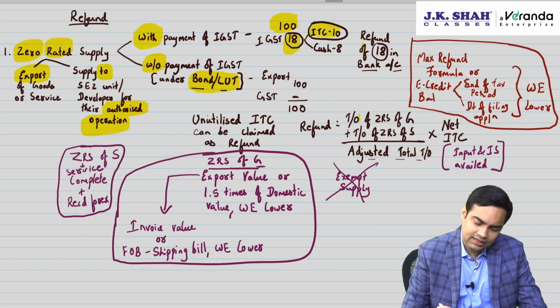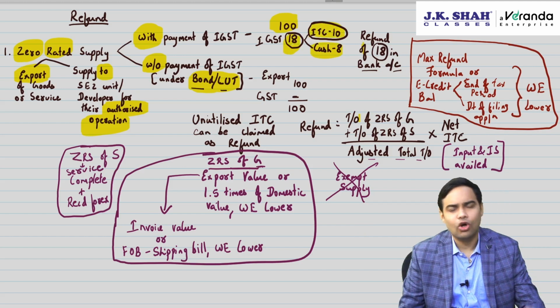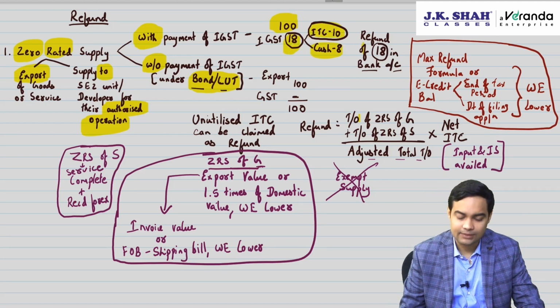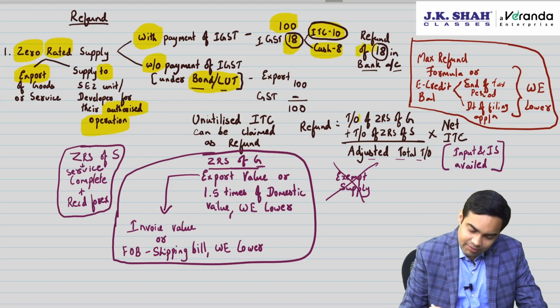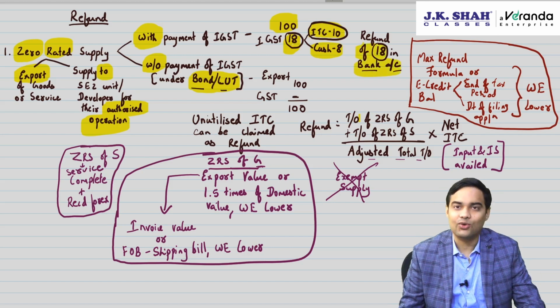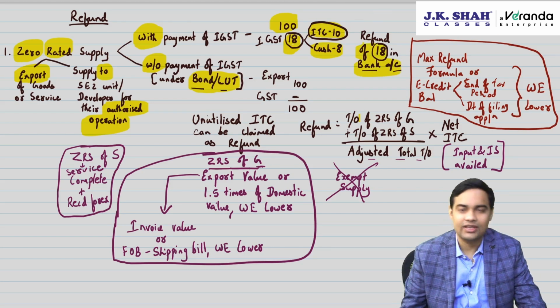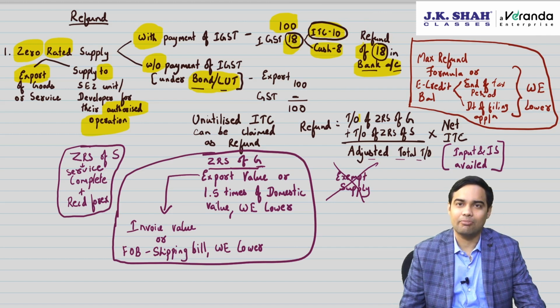Maybe you have ITC of 10 rupees and the balance you will pay through eCash ledger, or if you have ITC of 18 rupees, you can use that ITC as well. Then government will give you a refund of 18 rupees to your bank account. That means you have successfully converted your ITC into cash because it has come into your bank account.